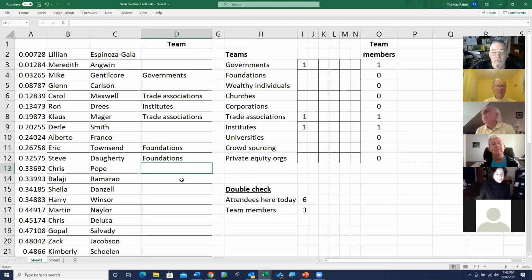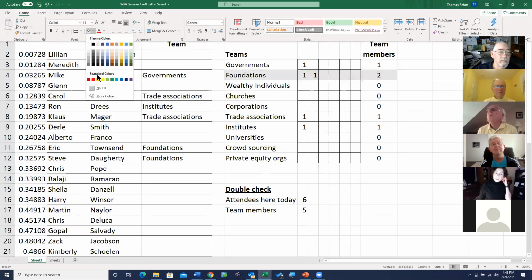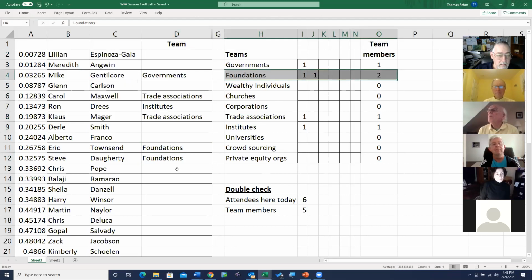Well, when we hit 2, we're done because we got so many. Yeah. So foundations is filled up. Okay. We're not going to take any more for that one. Trade associations too. I have 2. Who was that? Trade associations have 2 also. Oh, very good. I'm glad that there are people keeping me honest here.